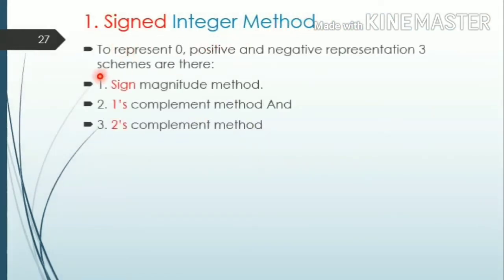Signed integer method to represent 0, positive and negative whole numbers. There are three schemes used to represent signed integers. One is sign magnitude, second is the 1's complement method, and third is the 2's complement method.